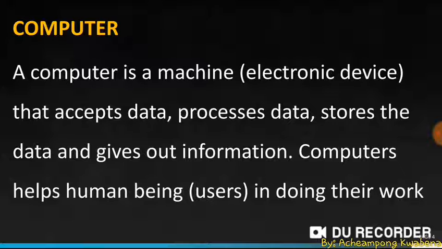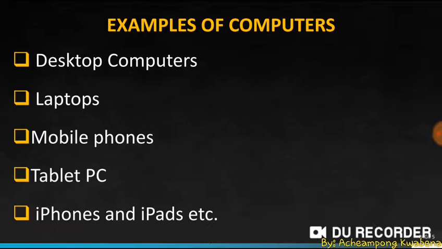Now let's look at some devices or machines that are also referred to as computers. The first one is desktop computers. We'll look at how their pictures look. So we have desktop computers. The next one we have is laptops. We have mobile phones or smartphones. The next one we have is tablet PC or tablets.